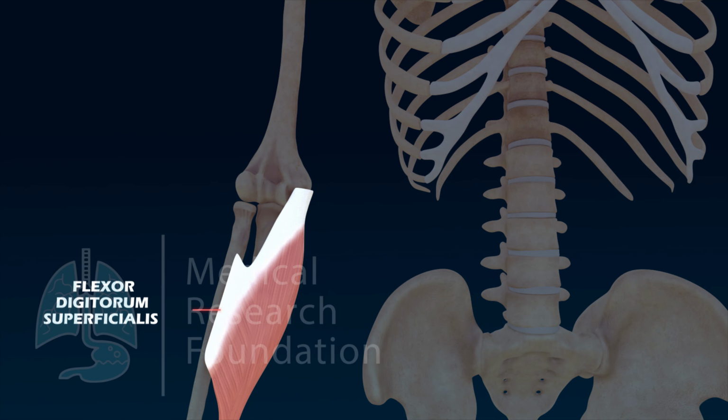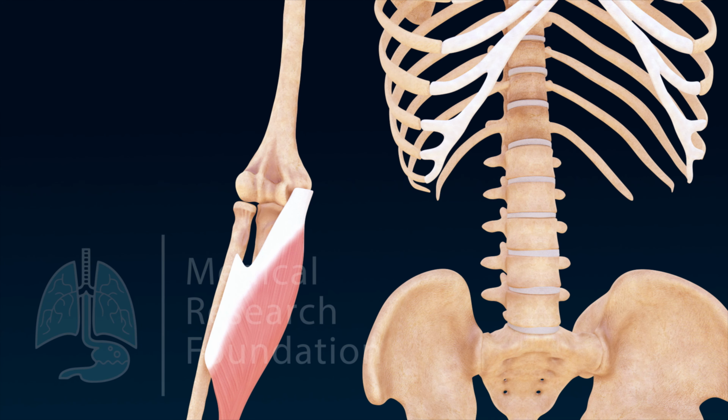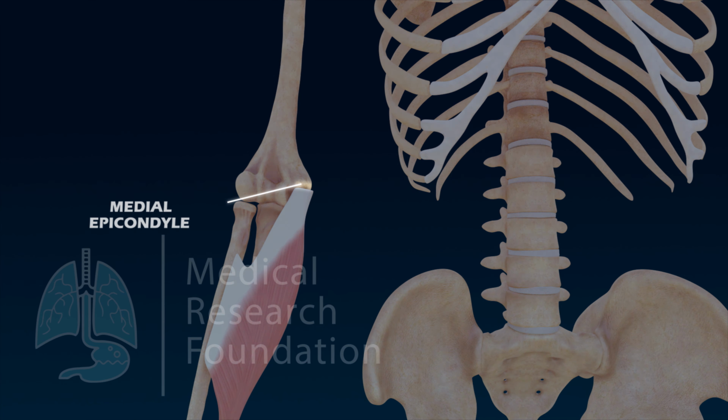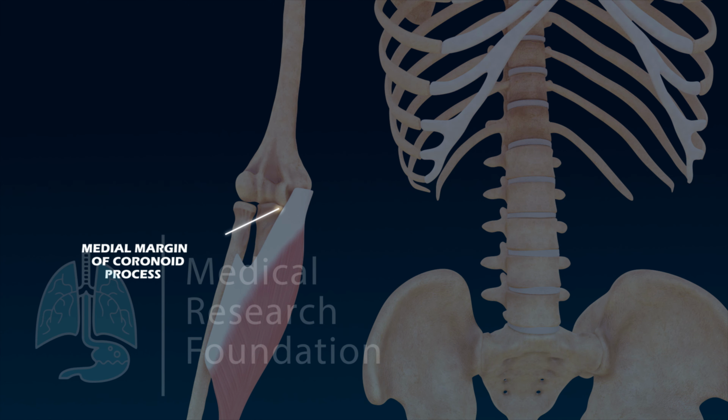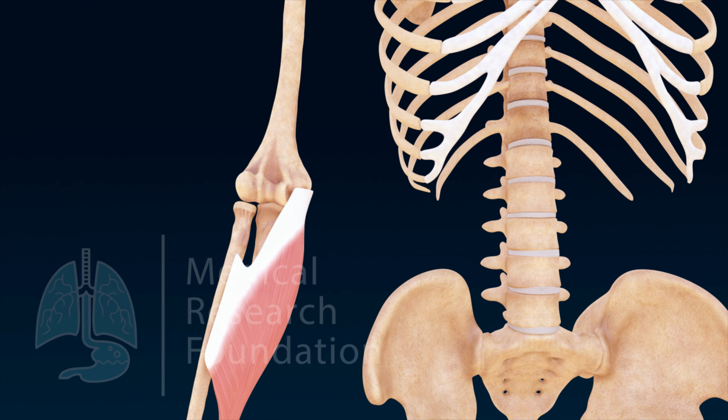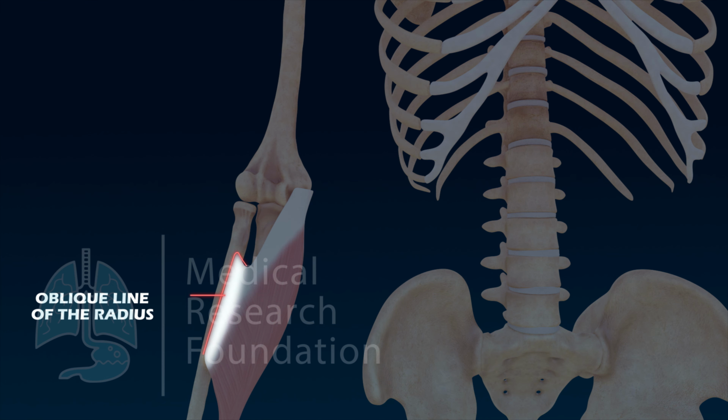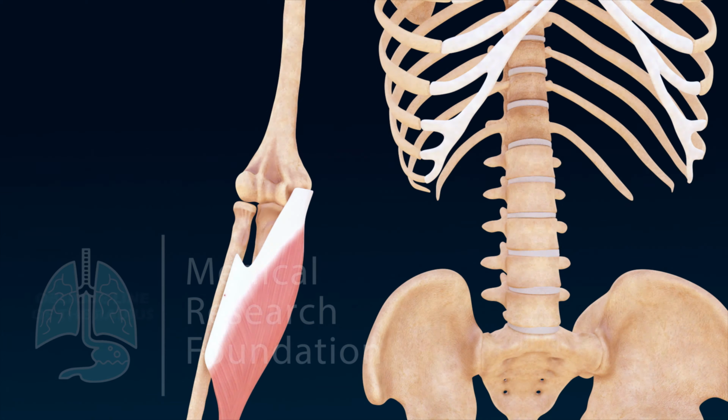Flexor digitorum superficialis. Origin: muscle arises from two heads. Humero-ulnar head arises from the medial epicondyle and medial margin of coronoid process of ulna. Radial head arises from full length of anterior oblique line of the radius.